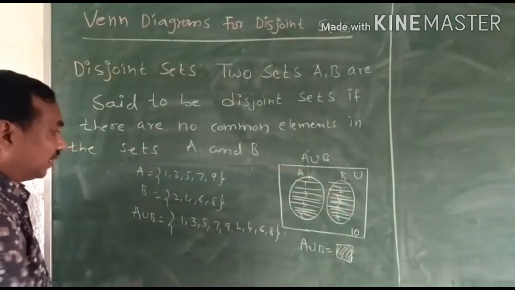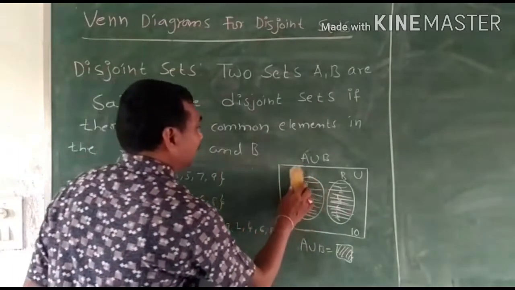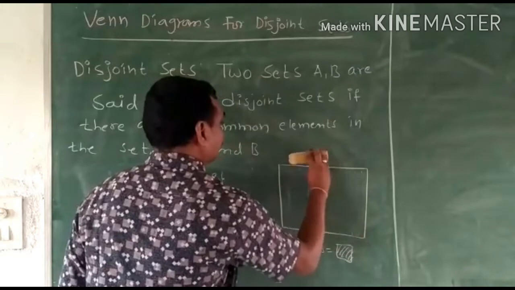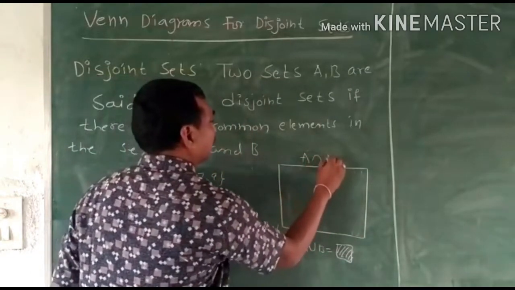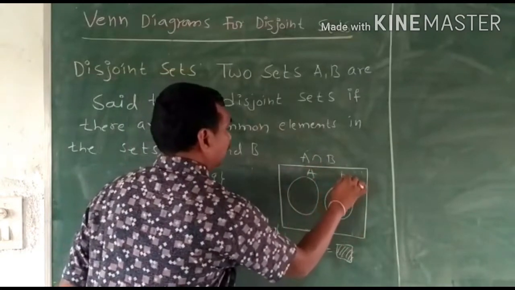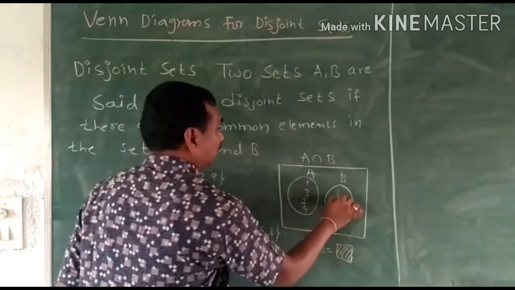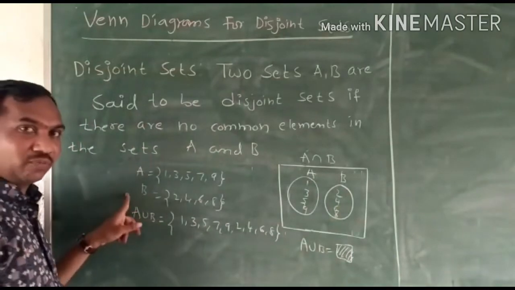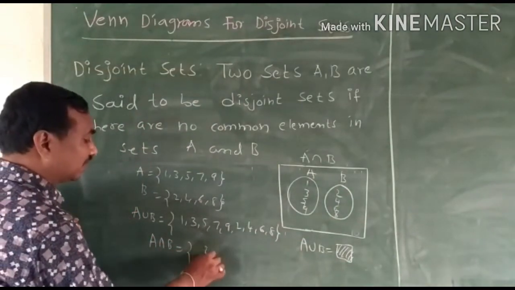Okay, now for these two sets, A intersection B. Here there are no common elements for A and B. A intersection B is the empty set.